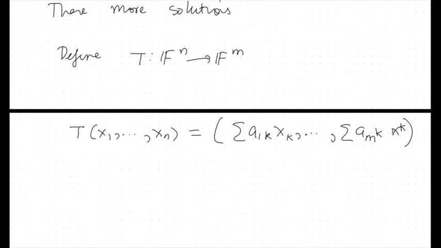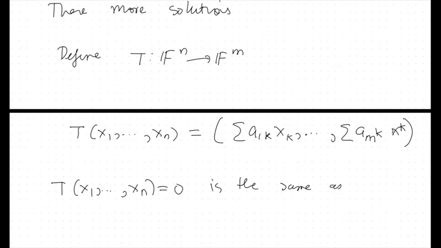And then the equation T of x_1 to x_n equal to 0 is the same as this system of linear equations above.